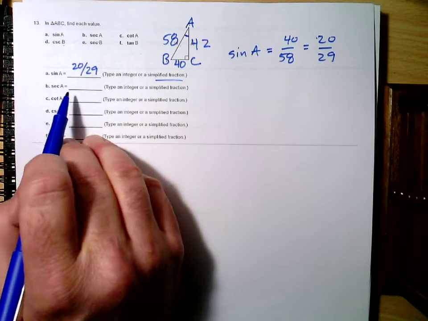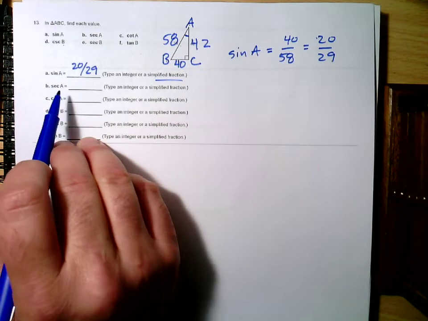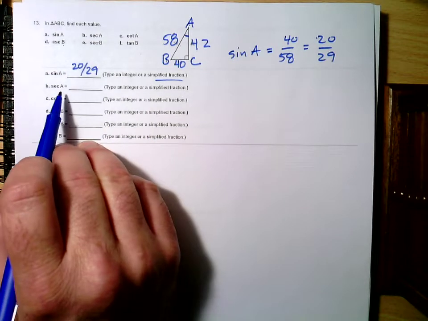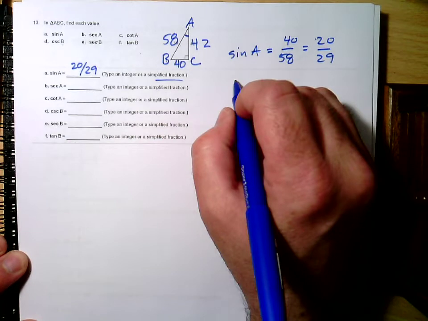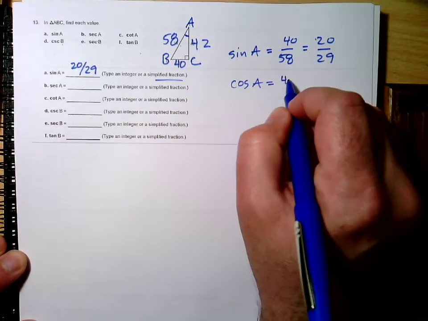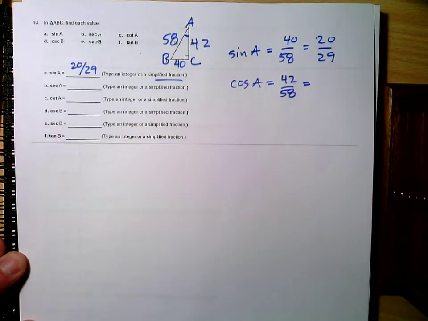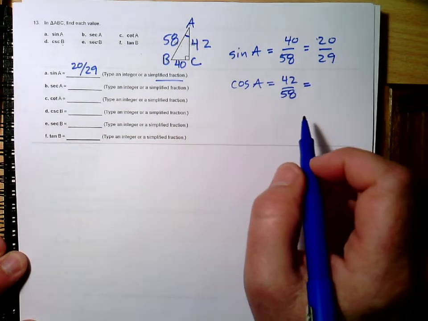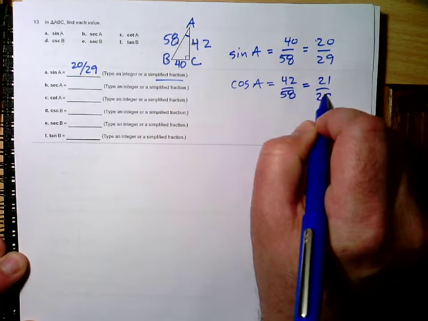Secant of A. Now secant is the inverse of cosine, right? So we don't have cosine yet, so we can find cosine A first, which is adjacent over hypotenuse, so 42 over 58, which is 21 over 29.